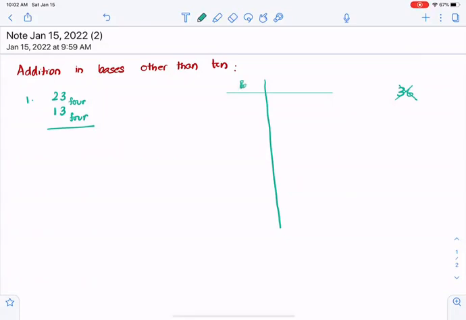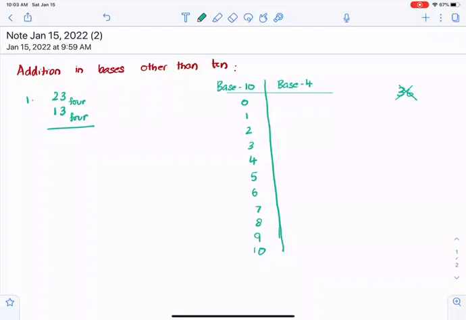So base 10, base 4. So 0, 1, 2, 3, 4, 5, 6, 7, 8. Let's go all the way up to 10.